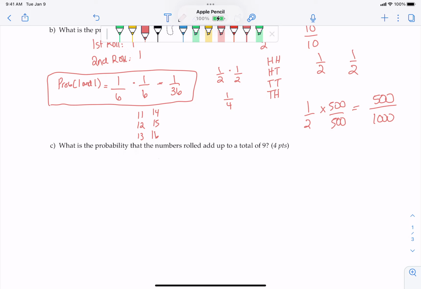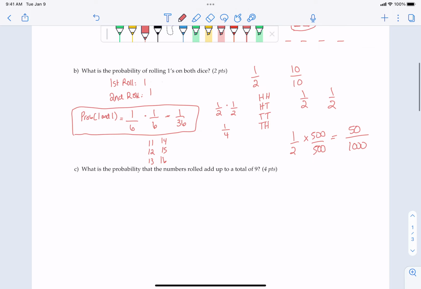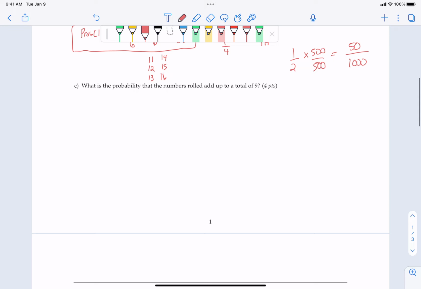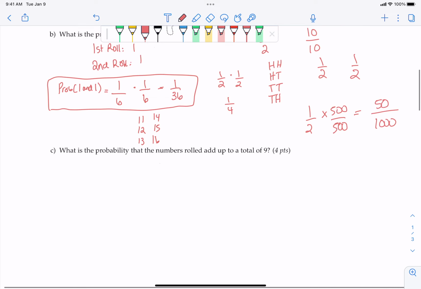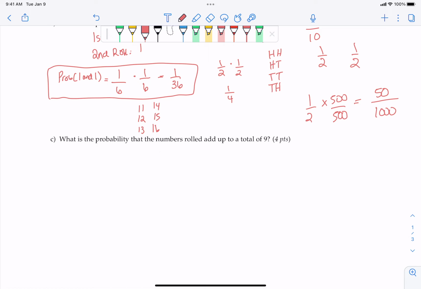But yeah, that's part B. And then part C is asking, what is the probability that the numbers rolled add up to a total of 9? So this is pretty simple. It's a very straightforward probability: what values can you get that would add up to 9?